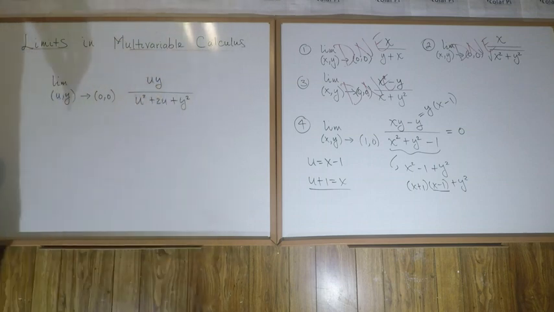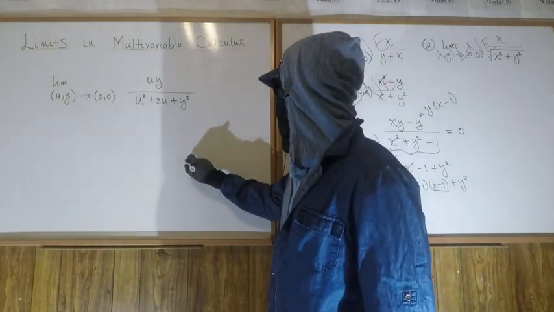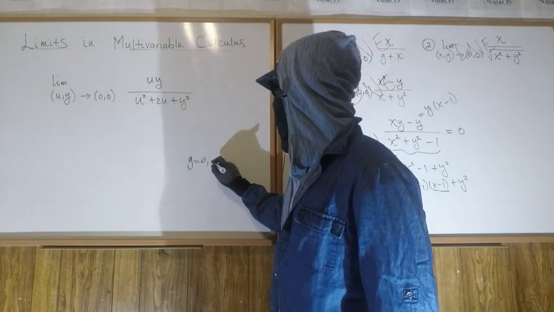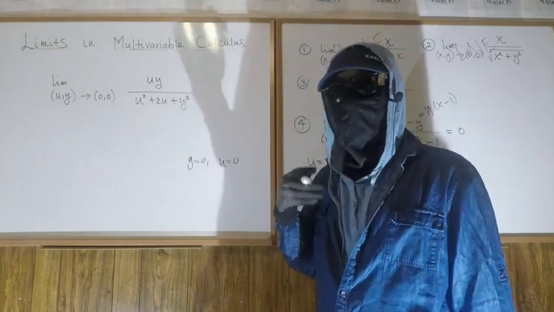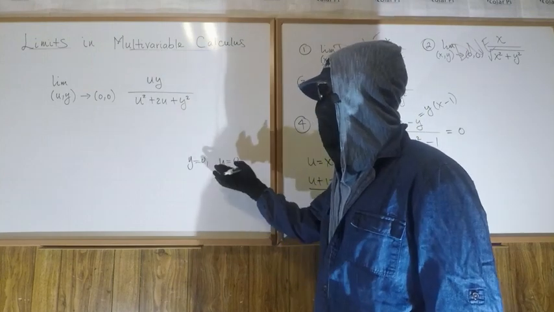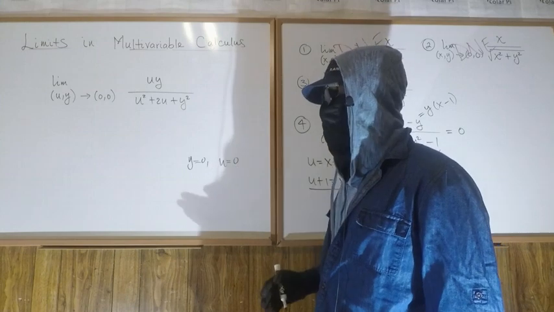Now, if you want to, you can go along y equals 0, u equals 0. It's just like y equals 0 and x equals 0 that we talked about at the start, only now you're on the uy axis. So the good old x-axis is turned to the u-axis.